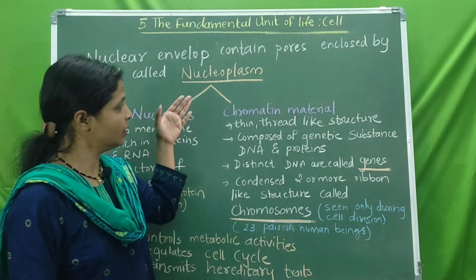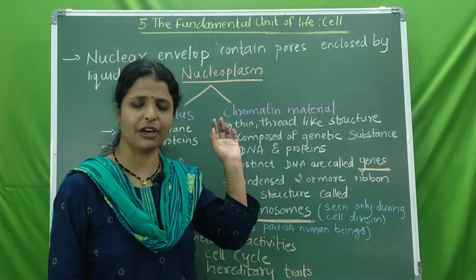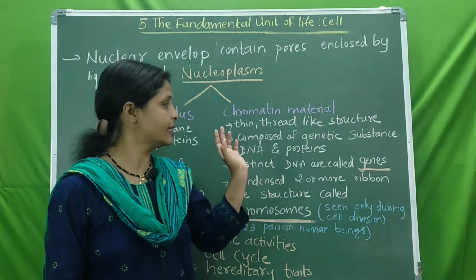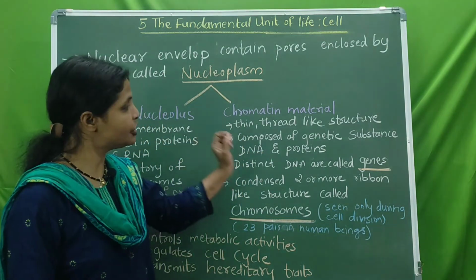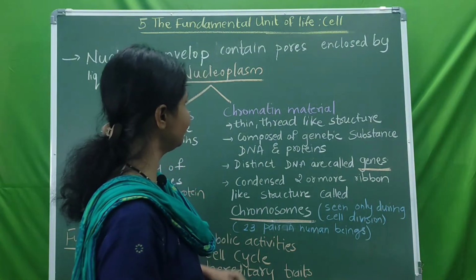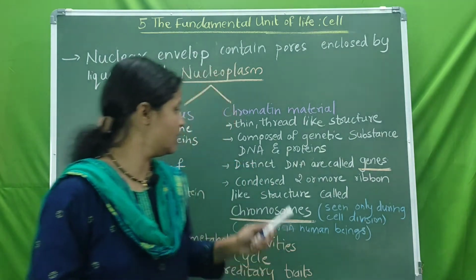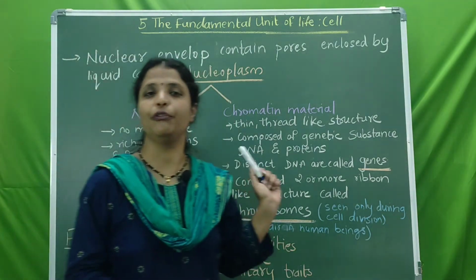Now, chromatin materials are very thin, thread-like structures. They are composed of the genetic substance DNA and proteins. They are composed of the genetic substance, which helps in passing the hereditary characteristics. What is the full form of DNA?